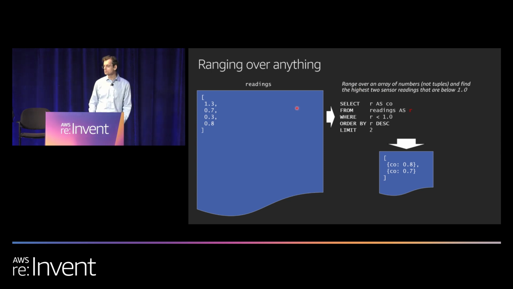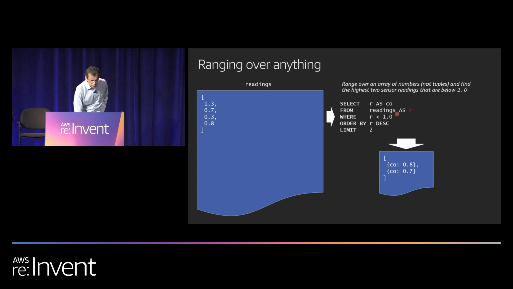Okay, so I'm not even mentioning at this point a collection of tuples. I'm just saying directly that my collection is an array of numbers. Okay, and my query remains the same. I want to find the highest two that are below 1.0 and output them as carbon monoxide.